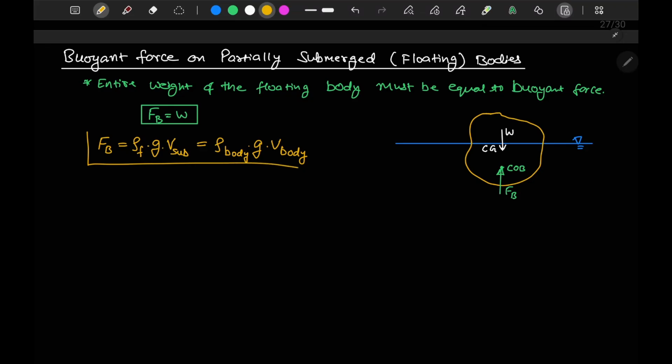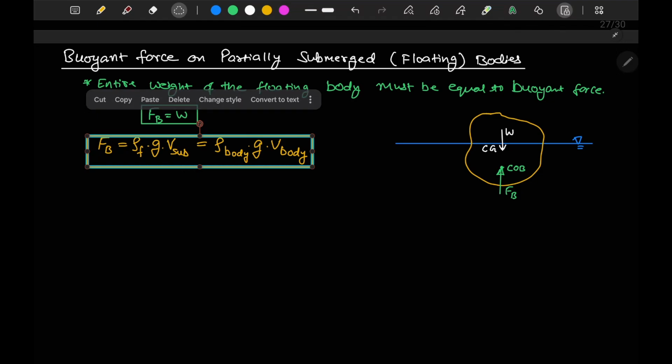So buoyant force is equal to the weight of the body. I hope you get this point here.